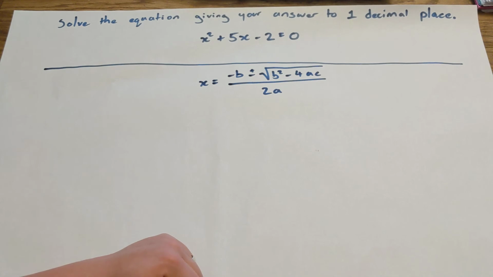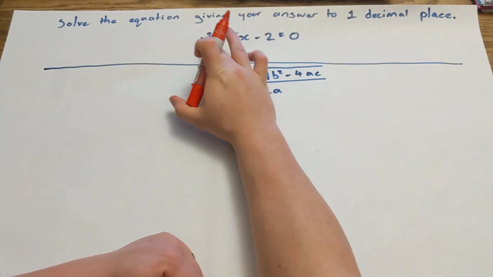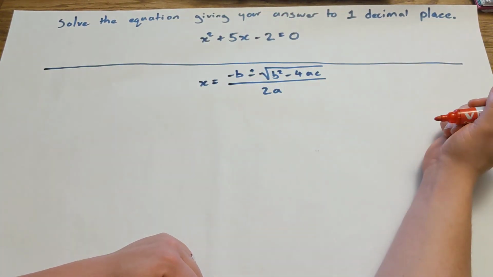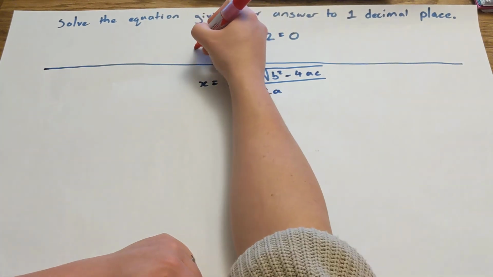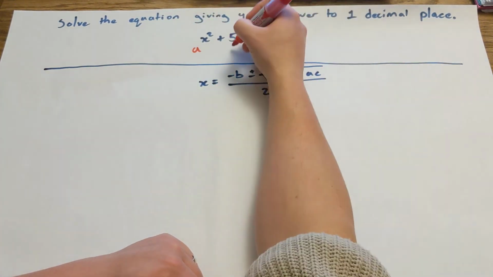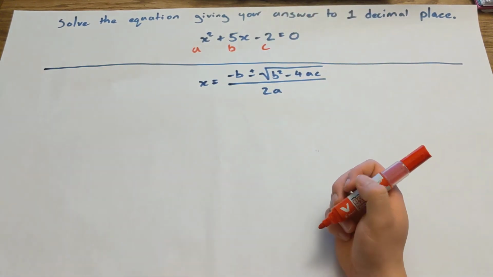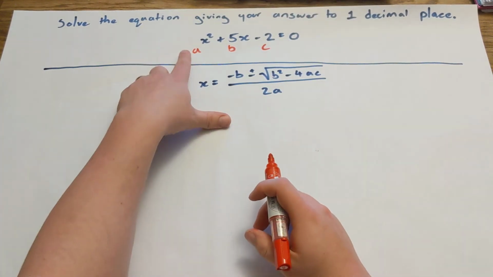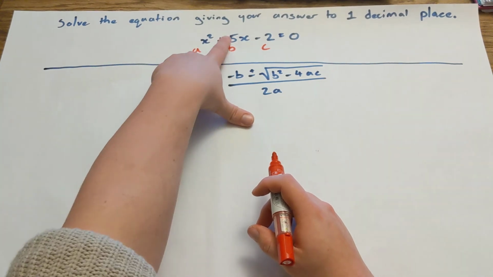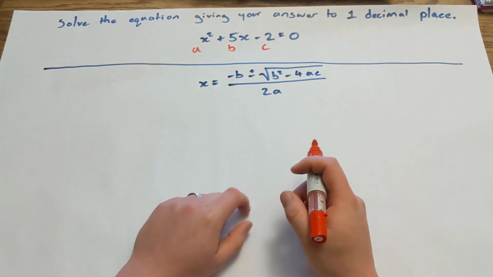Now the next step I'd recommend you always do is write down which of these numbers is a, b and c. Okay, so a is what's on your x squared, b is what's on your x, and c is the number by itself. Okay, so here a is 1, b is 5, and c is negative 2.